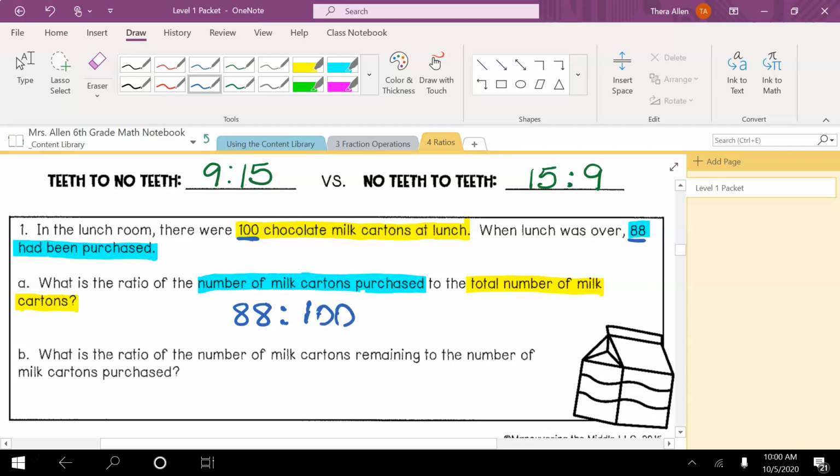So our ratio would be 88 to 100. The number of milk cartons purchased to the number of total milk cartons.